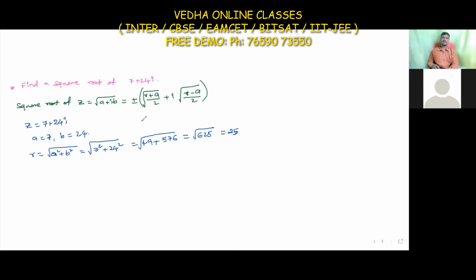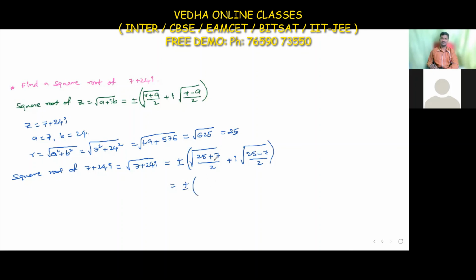Now the square root of 7 plus 24i equals plus or minus root of (r plus a) divided by 2, that is (25 plus 7) divided by 2, plus i into root of (r minus a) divided by 2, that is (25 minus 7) divided by 2. 25 plus 7: add 5 to get the round figure, remaining 2, so 32.